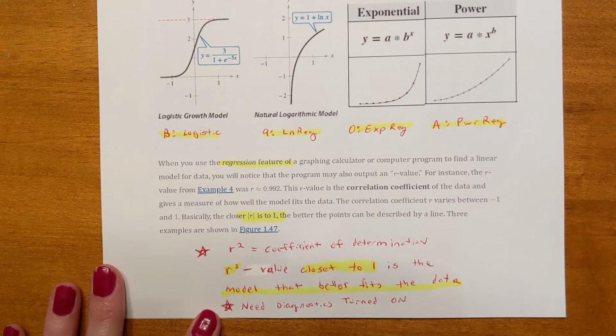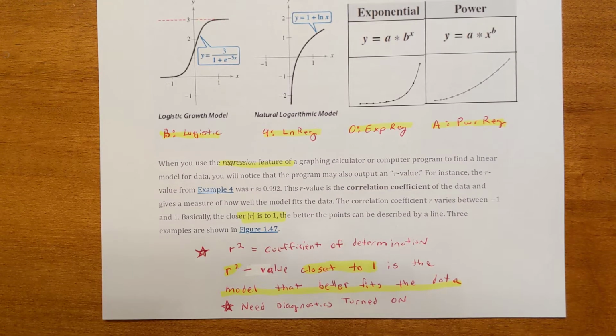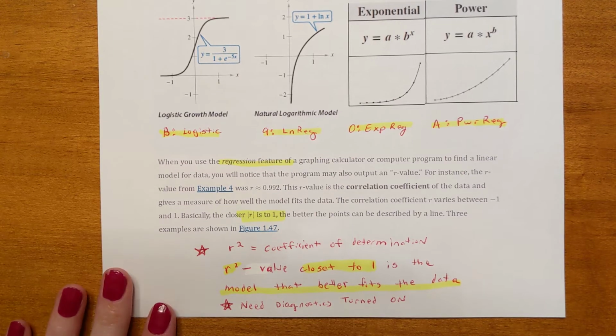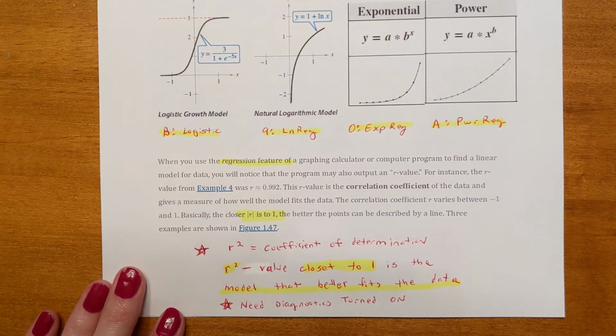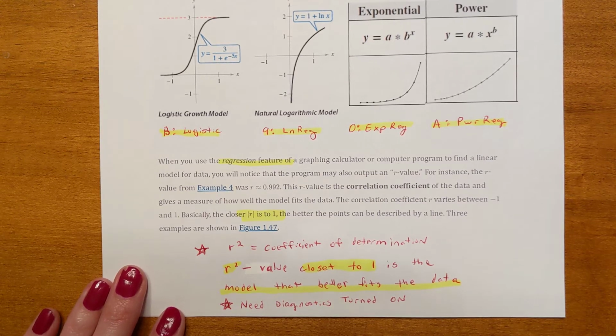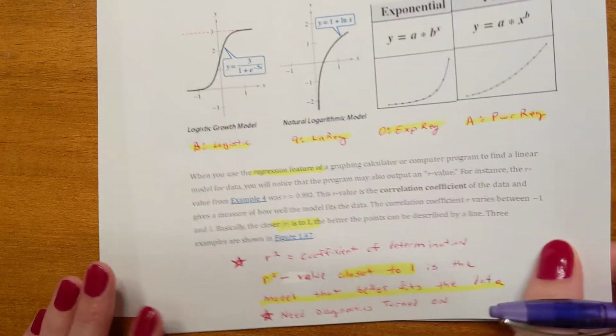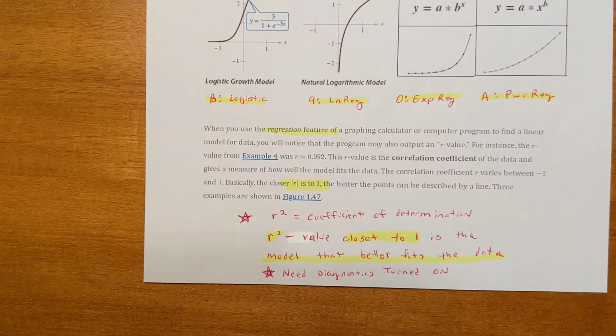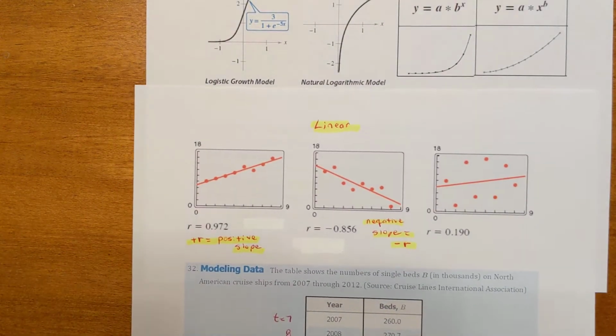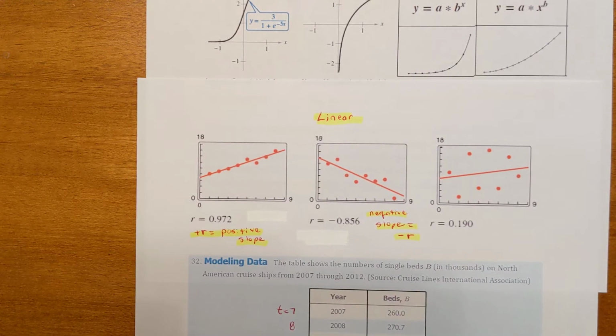And remember back from chapter 1, section 7, we talked about the R value for linear equations, and the closer the R value was to the number 1, the closer it correlated to being a line. So on the next page here, just a reminder from chapter 1, we talked about the R value.